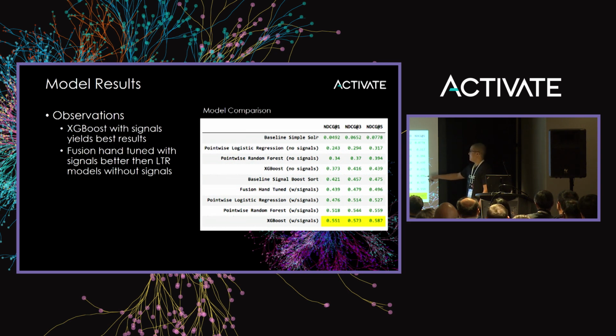And using Fusion plus signals, which is a hand-tuned model, not an LTR model, does better than the baseline signal sort. Then we move into our LTR models trained using all the features, including the signals features. And as you can see, XGBoost comes out on top with NDCG at 5 of 0.58, which is a pretty significant margin.